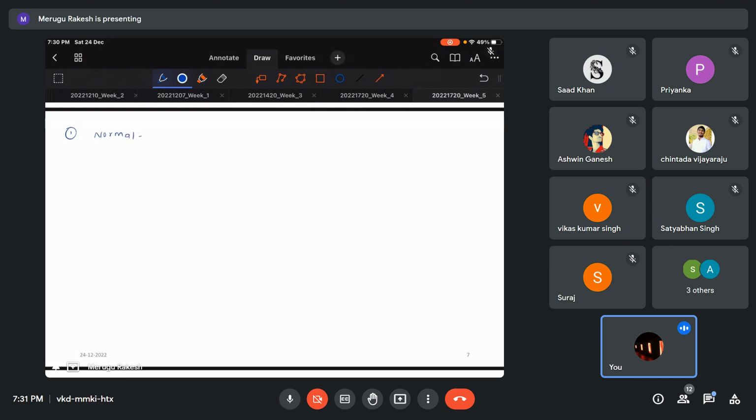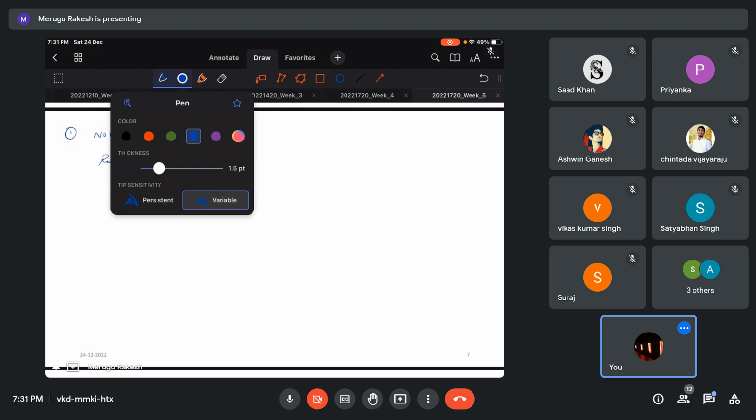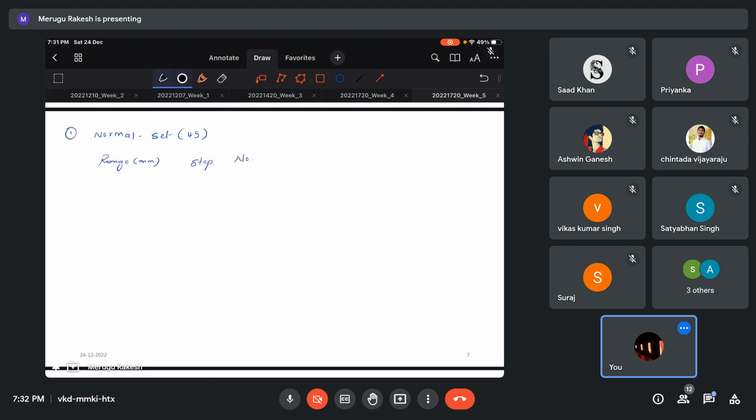As I discussed, the normal set will have 45 in total. This step indicates the increment in the values. So 1.001, 1.009. So the increment is 0.001. Total 9 we have.